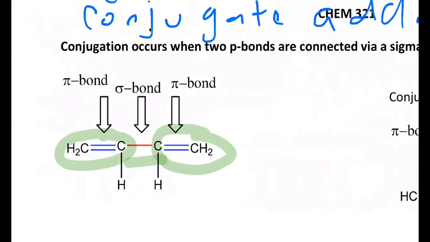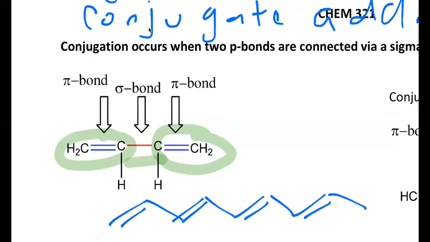But conjugation can be extended past that, right? You can have a conjugated system that might have 10 pi bonds in it, right? So you can have something like this, right? And so you have the number of pi bonds that are a part of that system. It just depends on what type of system it is, right?